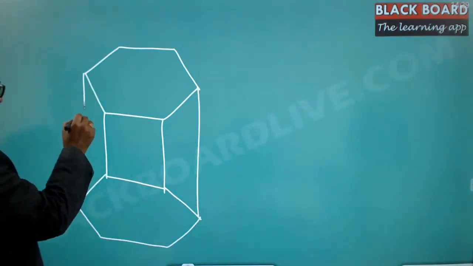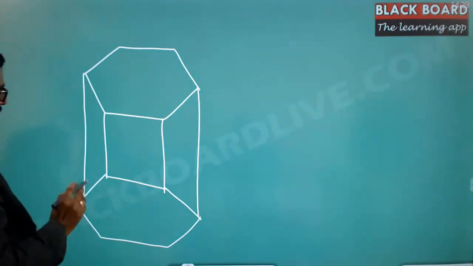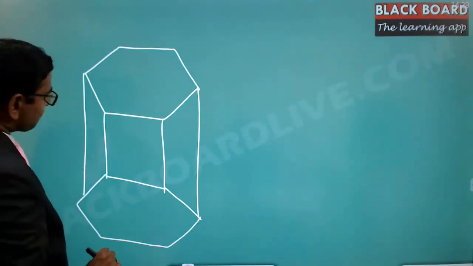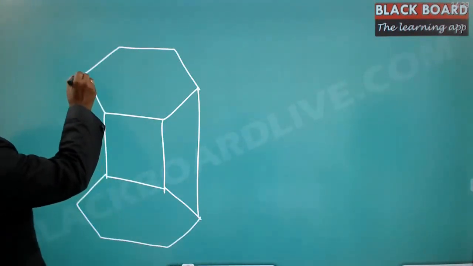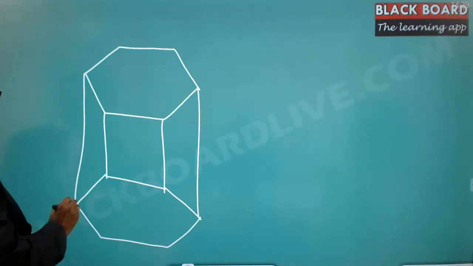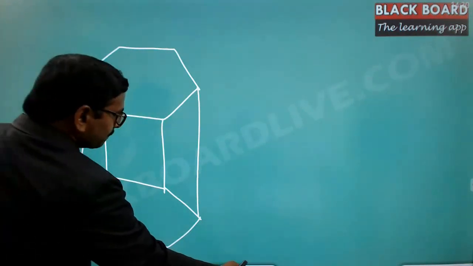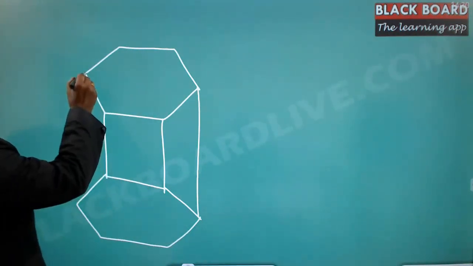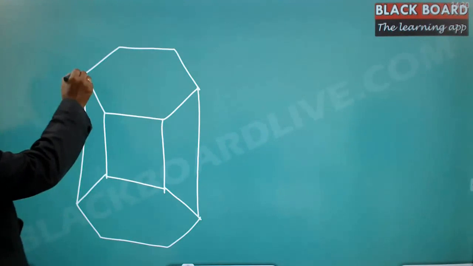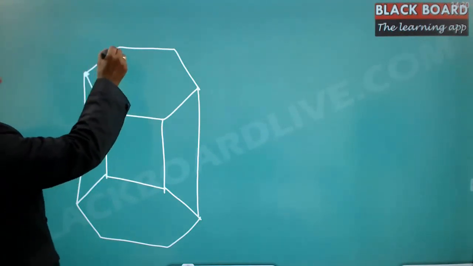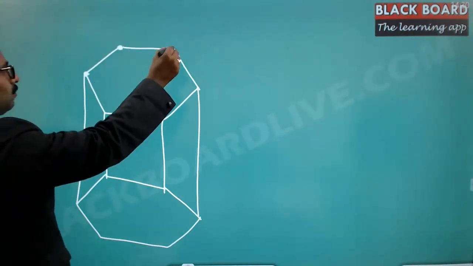Hexagonal unit cell is like this. It has 1 point here, 1 point here, 1 point here.